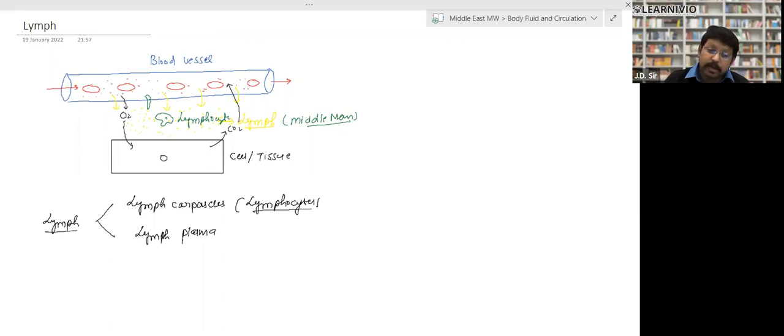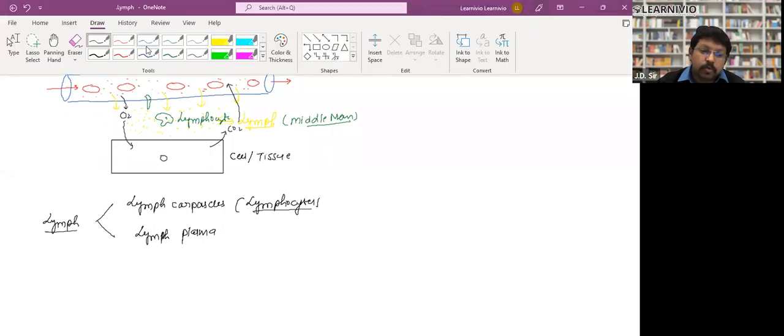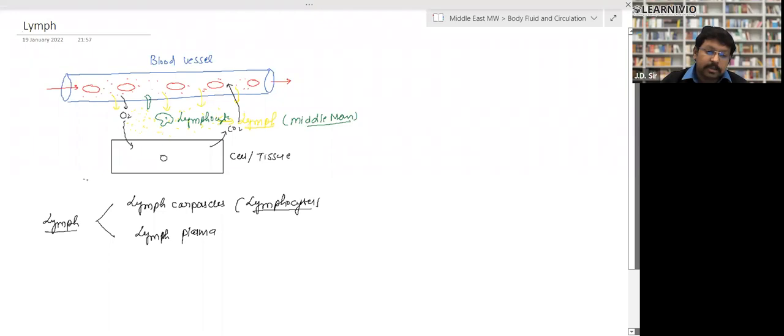So there is a system which helps us pour this lymph back. There are other capillaries or vessels. These are called lymph vessels, right? There is another pipeline parallel to our blood vessels. They are called lymph vessels.